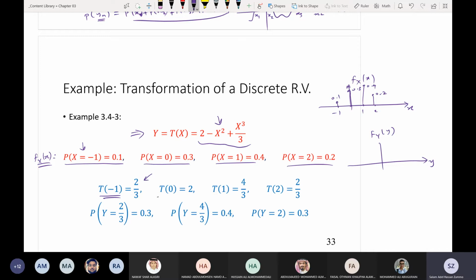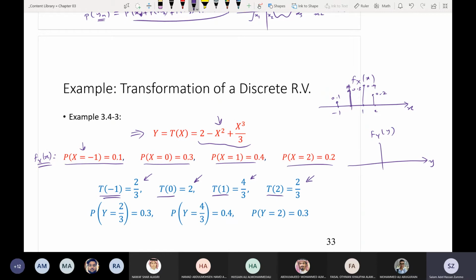When x equals 0, t of 0 gives you 2. When x equals 1, t of 1 gives you 4 over 3. And the last value, when x equals 2, t of 2 is 2 over 3.